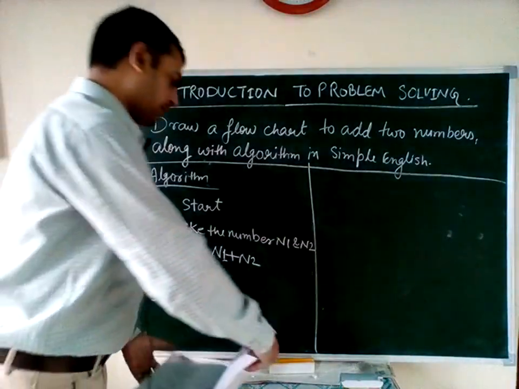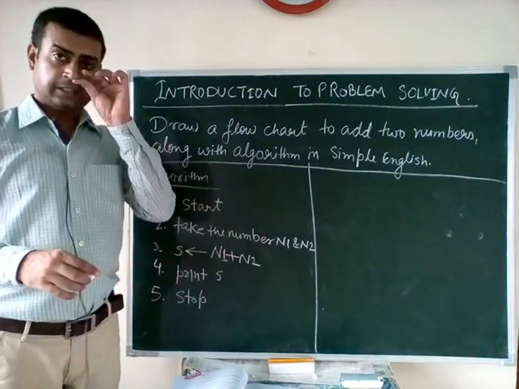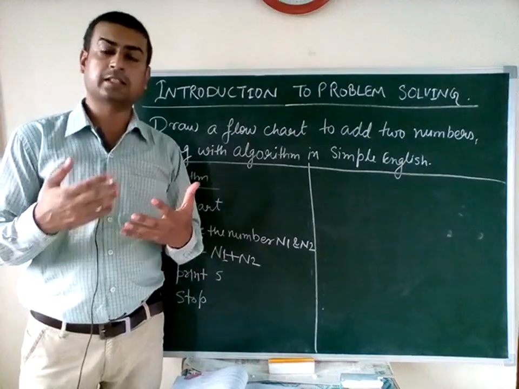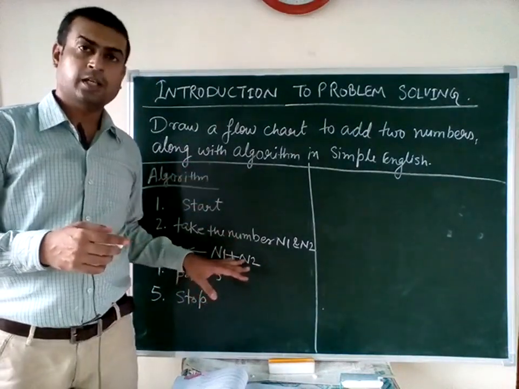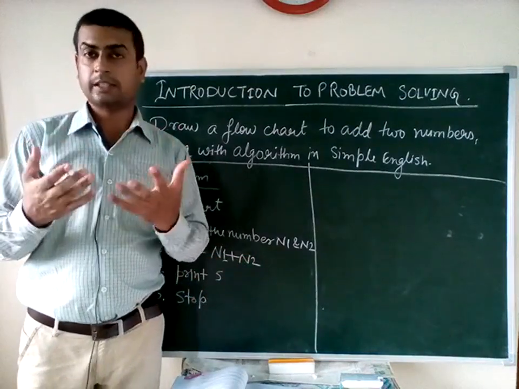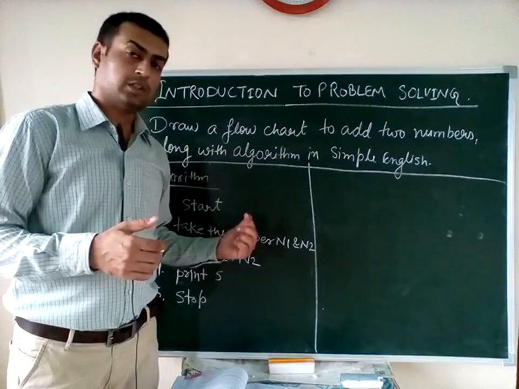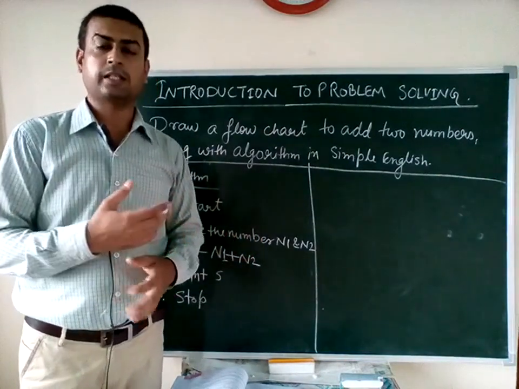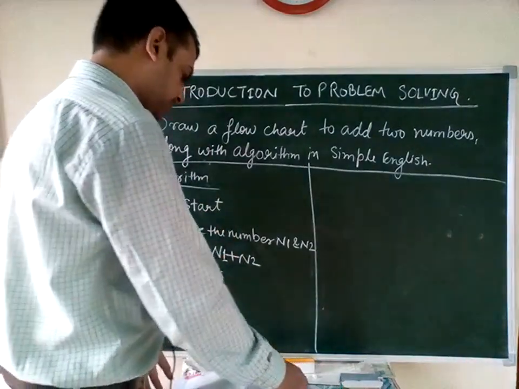So this is not a program, this is not going to run in your computer system, it is simple English as I am thinking I have written. This is called algorithm, means the way you are thinking that program will go, that is called algorithm. And if I represent this problem in the diagrammatic form, that is called flow chart.